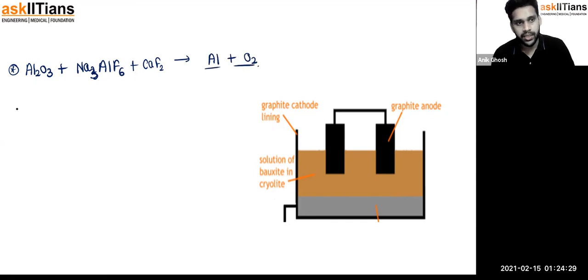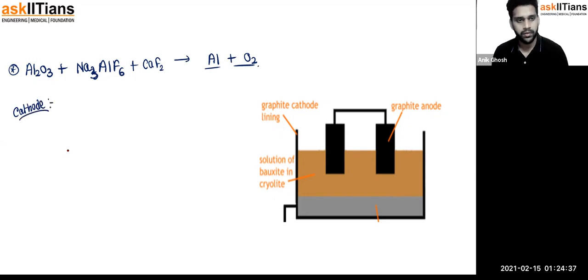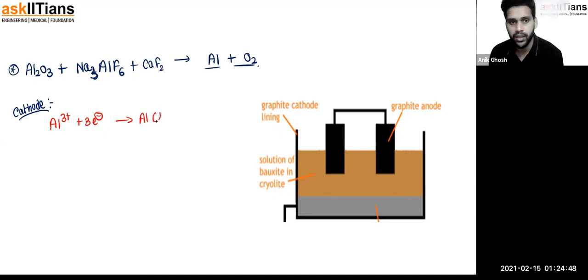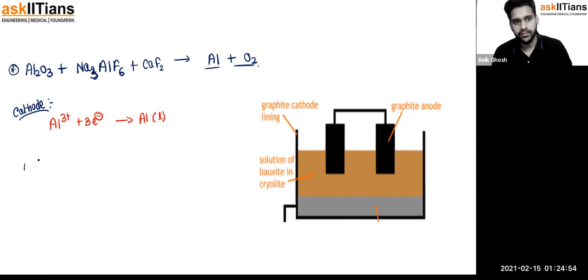So what is the cathode reaction? The cathode reaction is going to be Al3+ takes up 3 electrons to give you aluminium, in liquid, molten state. And in the anode, what are the competitors?